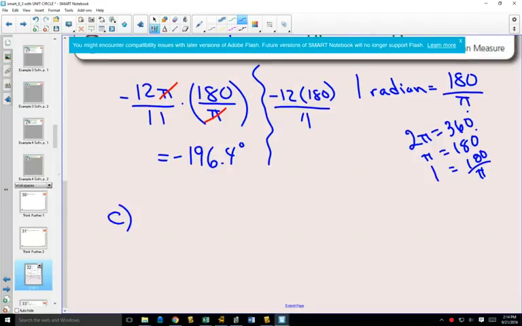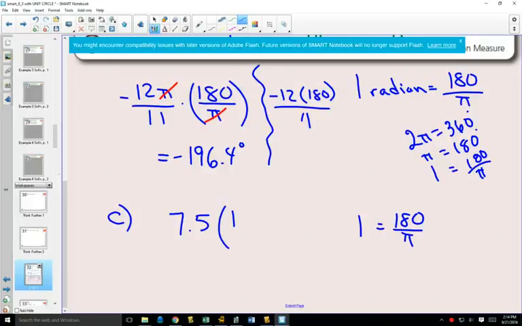And part C. Given theta is 7.5 radians, change it to the nearest tenth of a degree. So we would take 7.5. We know that 1 radian is 180 over pi.